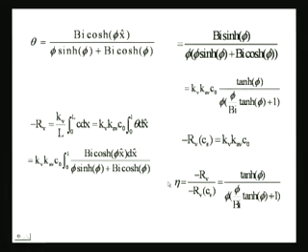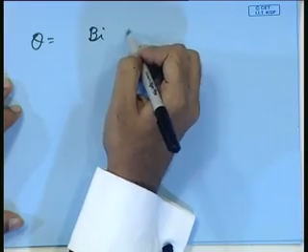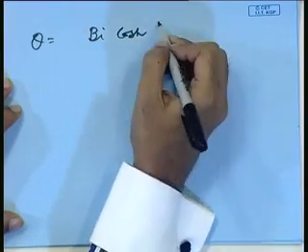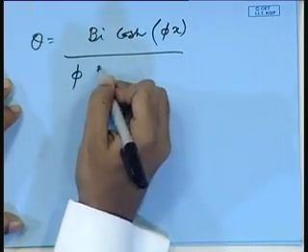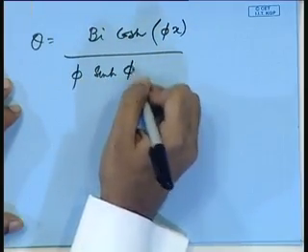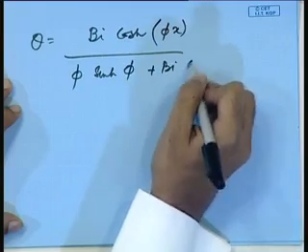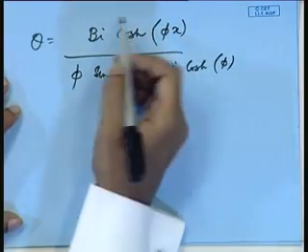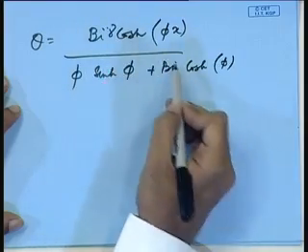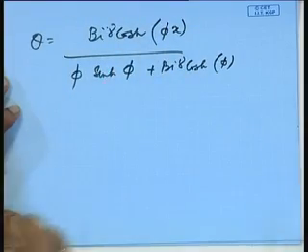So, theta equals Biot number cos hyperbolic phi x times phi. I guess the gamma would come here, okay, here and here, okay, that's my guess.